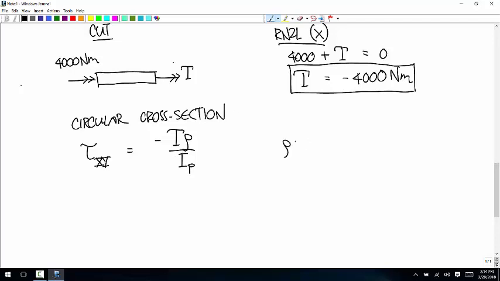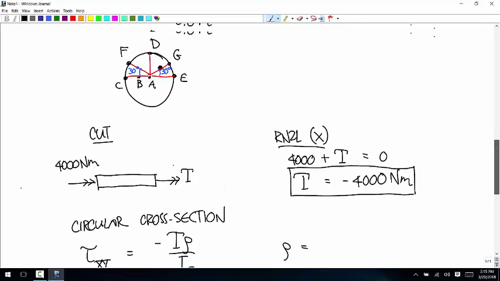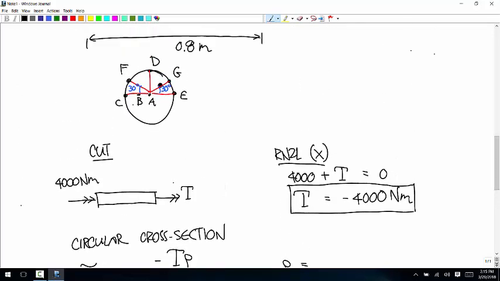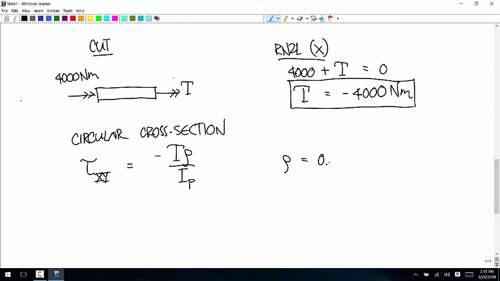Rho, we're not going a full radius out, we're only going half a radius out, so rho is equal to 0.015 meters. I sub p is pi over 2 times radius to the fourth, so 0.03 to the fourth power.